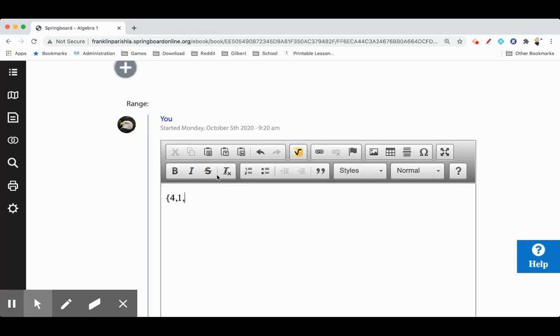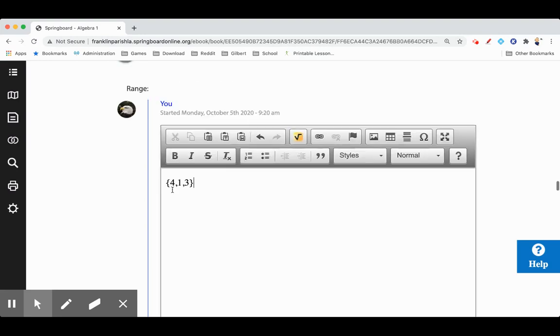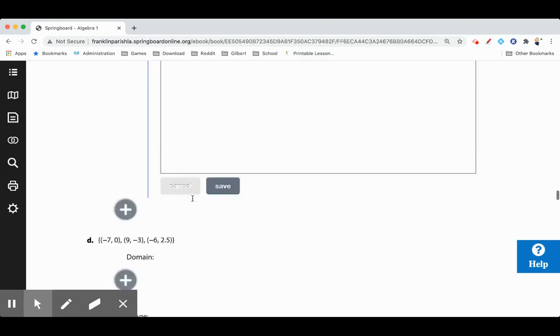Remember, curly brackets to show that it's a set of numbers. 4, 1, and 3 are your range.